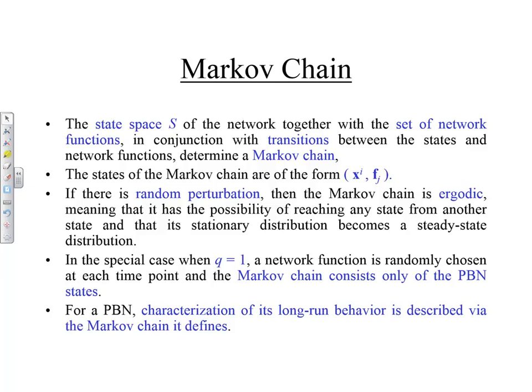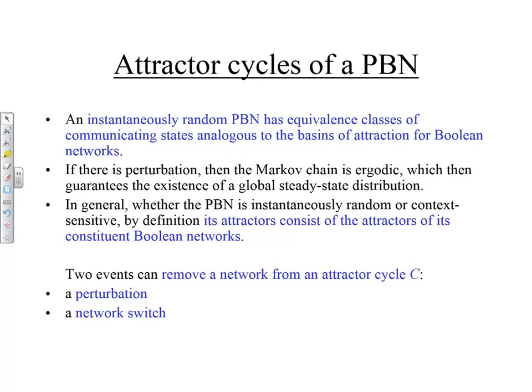Now for a PBN, the characterization of its long run behavior is described via the Markov chain that it defines, because that is a dynamical system: X at time k plus 1 is some Boolean function of the gene activity profile at time k. So an instantaneously random PBN has equivalence classes of communicating states analogous to the basins of attraction for Boolean networks.